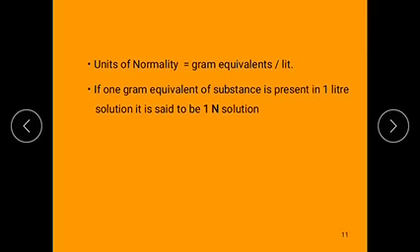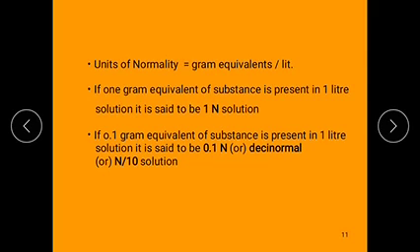If 1 gram equivalent of substance or solute present in 1 liter of solution is said to be a one normal solution. Simply, if the normality of the solution is 1, then the solution is called a normal solution.